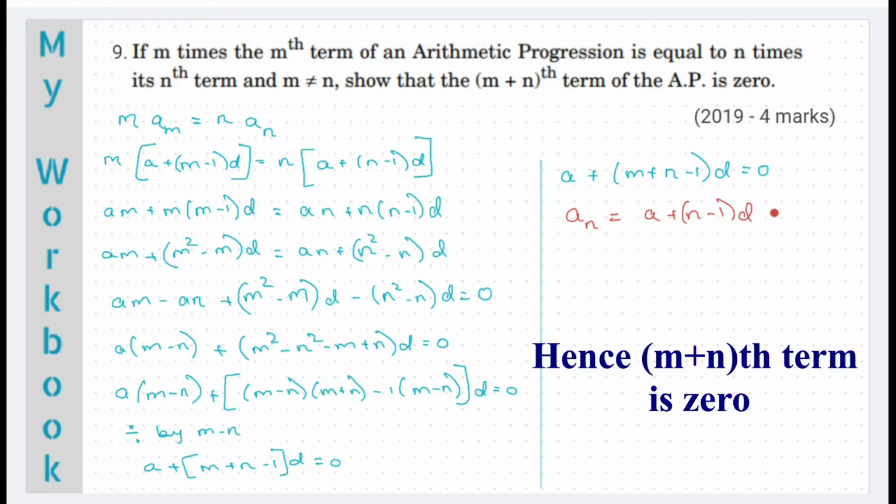By comparing these two, we can say that a plus m plus n minus 1 into d is nothing but a of m plus n, which is the m plus nth term.